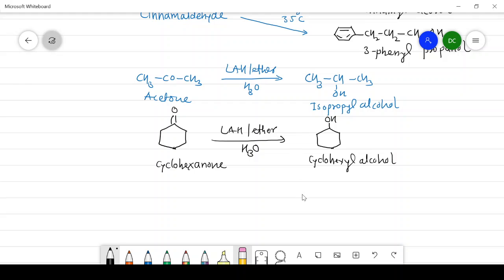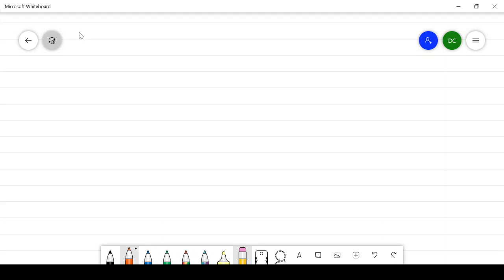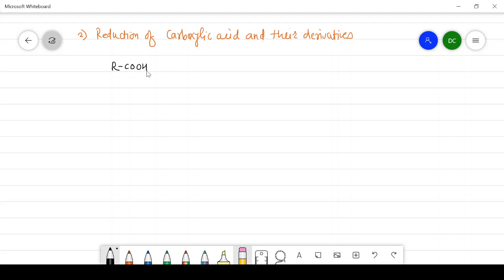Now we will see the second application of lithium aluminum hydride. The second application is the reduction of carboxylic acid and their derivatives. We know that the general formula for carboxylic acid is RCOOH.